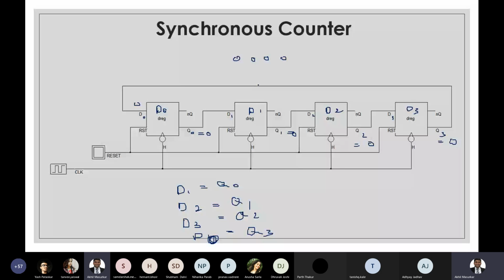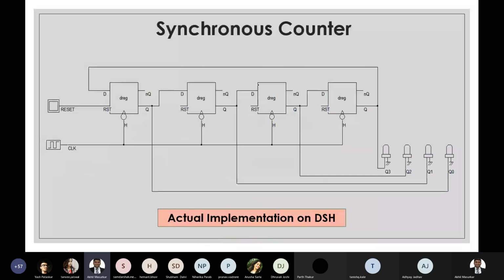So this diagram you can draw like this in the exam. But as far as the lab is concerned, it has to be done this way. Now, what is the change? Q0 is still connected to D1, Q1 is still connected to D2, Q2 is still connected to D3, and Q3 is still connected to D0.